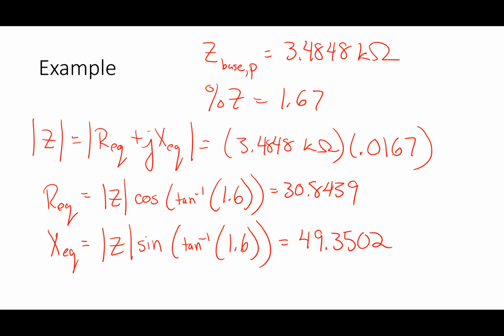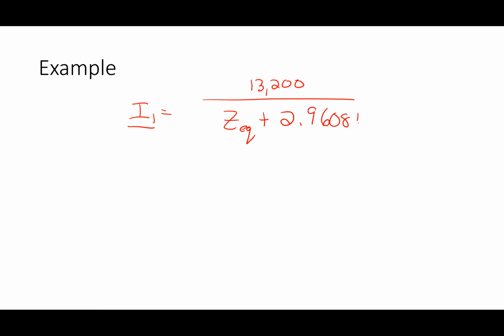Basically, it's going to be 13,200 divided by ZEQ plus the reflected version of the impedance, which is going to end up being 2.9608 kiloohms plus J times 1.1702 kiloohms.